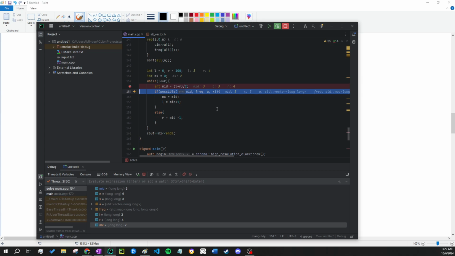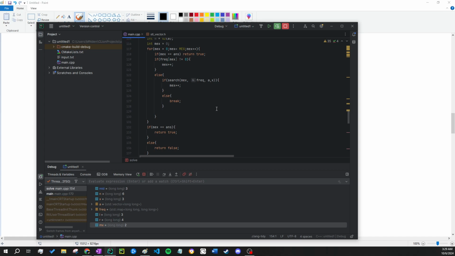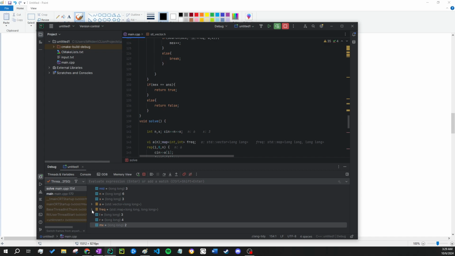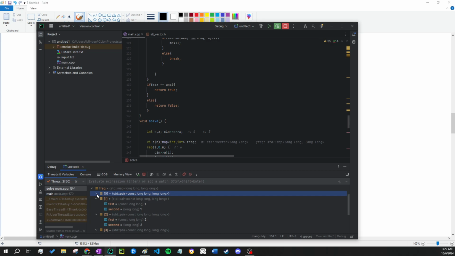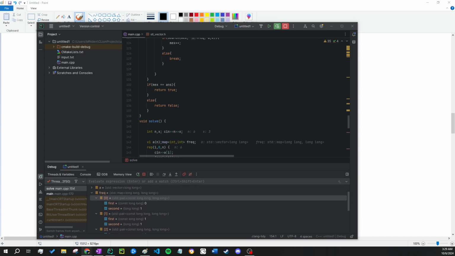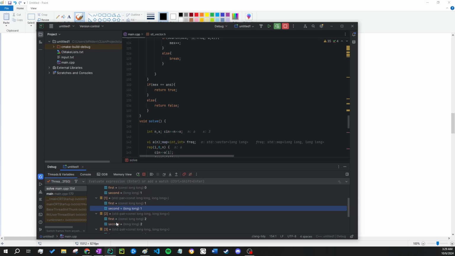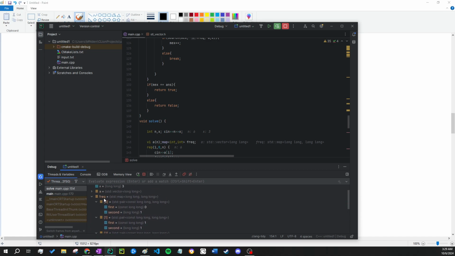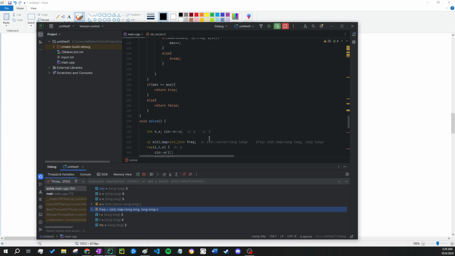I think it's because, wait, hold on, I think it's because of frequency. The first one has 2, right? Nope, it's straight. So 3 should work here.